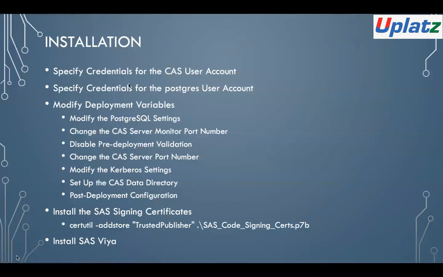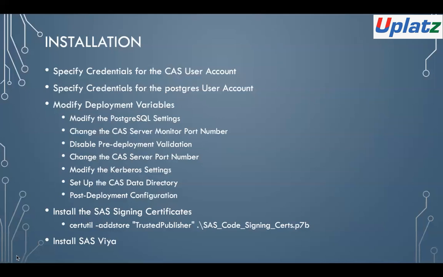So first, what we do when we are starting the installation is specify the credentials for the CAS user account. Using the deployment scripts, we will save the credentials for the CAS user account that we have created previously.